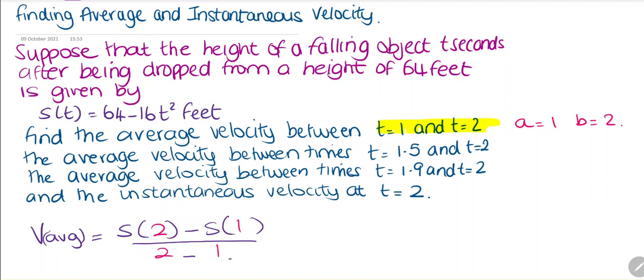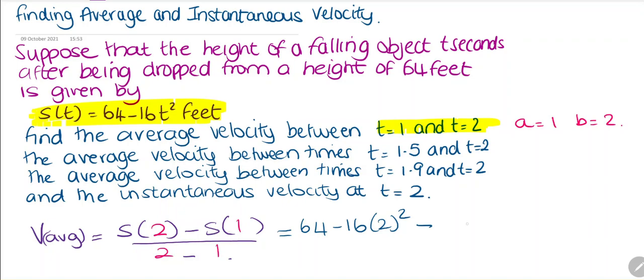Now we just need to substitute this into the equation that is given in the question. So we have 64 minus 16, and first of all we have 2, so this is squared, and then we're going to minus the function again, but this time with 1.